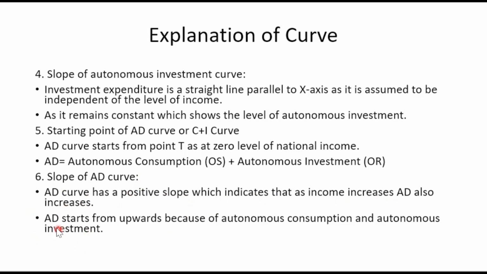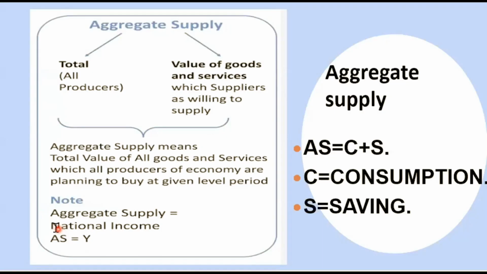Now, the next most important term is aggregate supply, which is denoted with the capital letters AS. And what is aggregate supply? You know that supply is done by the producer, isn't it?